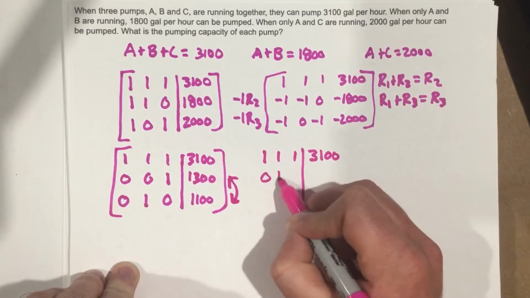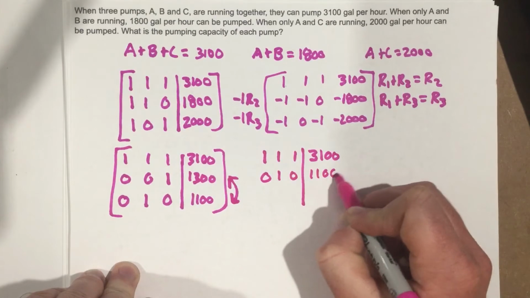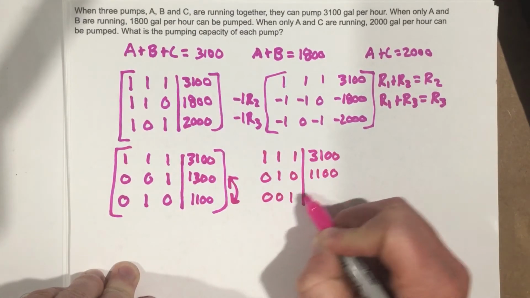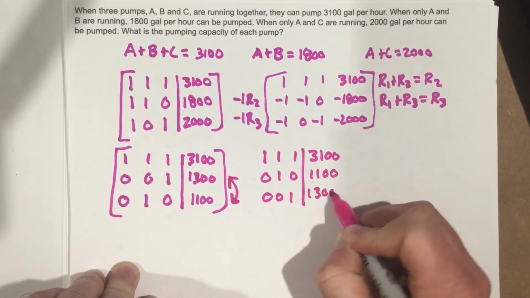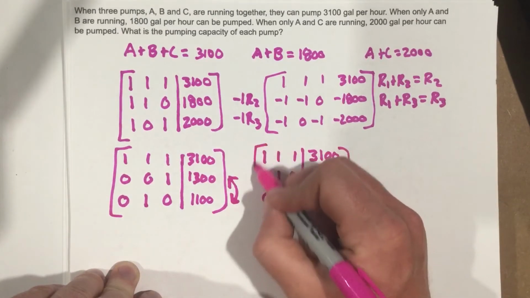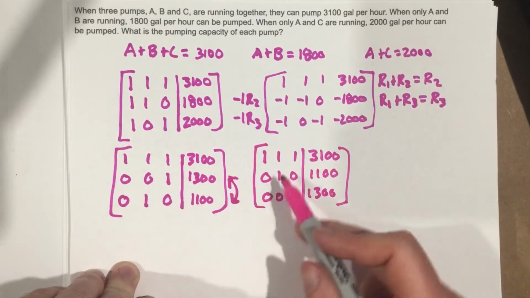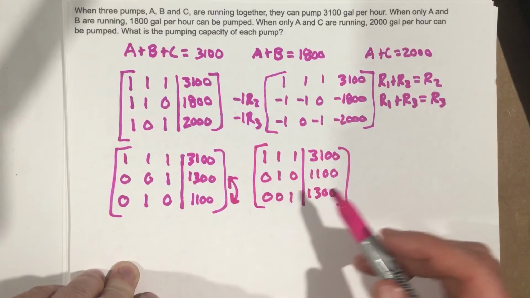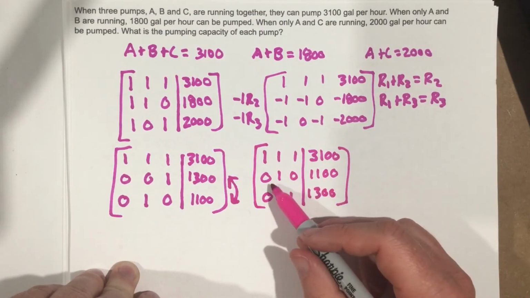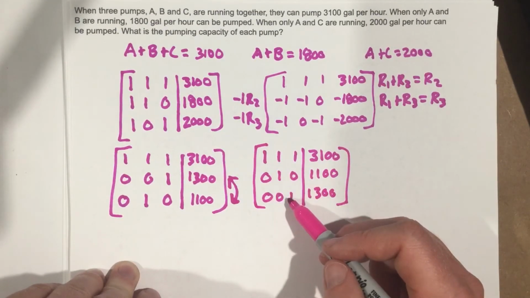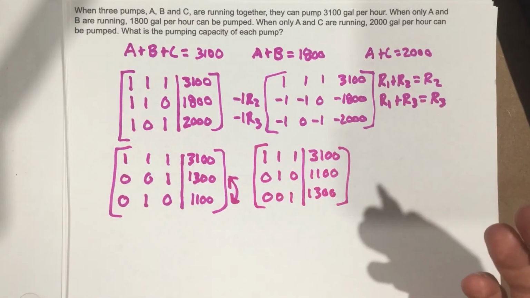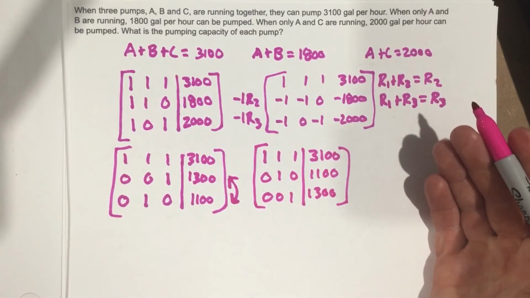So this is 0, 1, 0, 1,100, and this is 0, 0, 1, 1,300. Although it didn't look that way, we're actually at the point where we have ones down that diagonal, so we've essentially done Gaussian elimination.